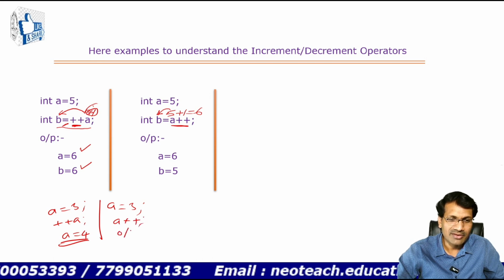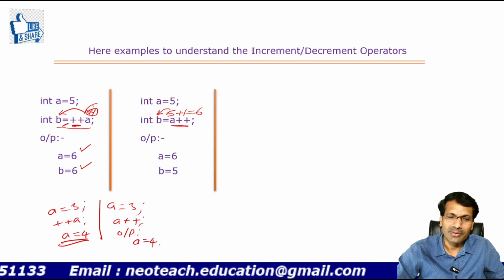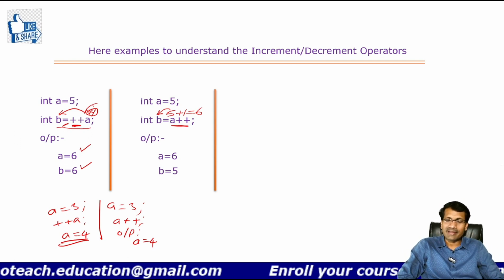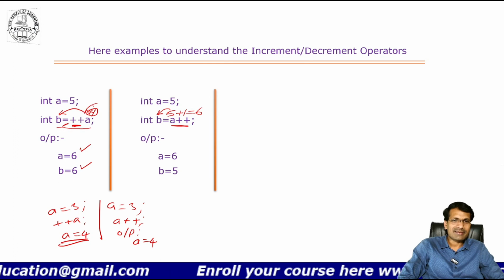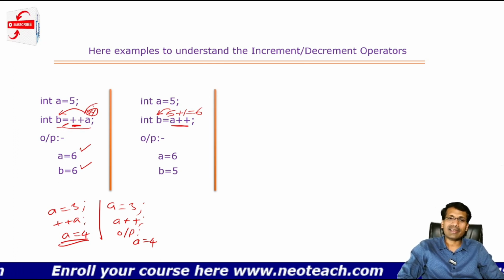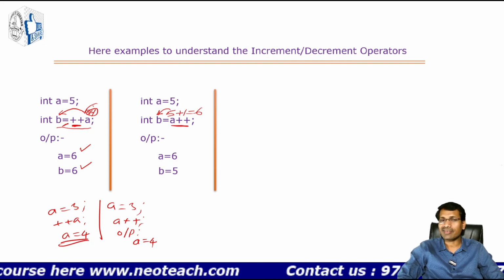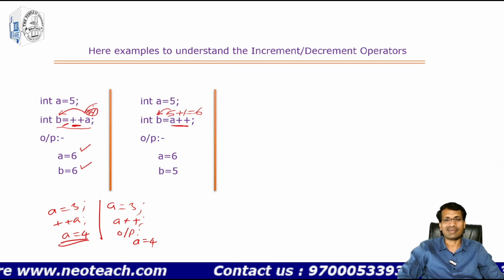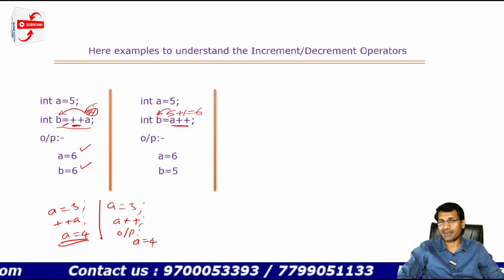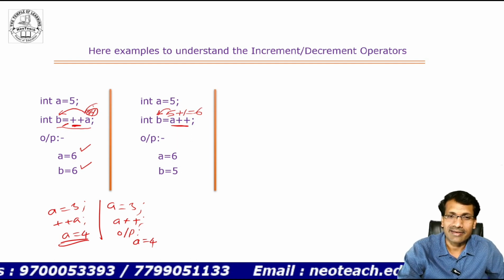In that case, what is the output of a? In this case also a value 4. Means if it is standalone, coming alone, either pre-incrementation or post-incrementation, it increases by 1. But whenever it comes along with other operators, in that case we have to take care of doing such operations. Okay, and most of the technical questions, they are asking output type questions in many entrances. So this knowledge is mandatory.